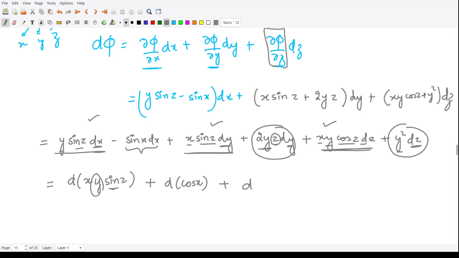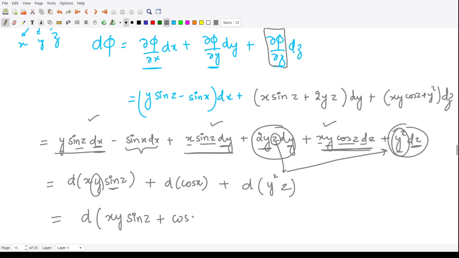So that means you can write this as the derivative of y square into z, so that when you differentiate this, you obtain these two terms. So this is the complete derivative. Now because derivative is linear in nature, you could club all these terms. So you can write this as d of (xy sin z plus cos x plus y square z). So this is your d phi.